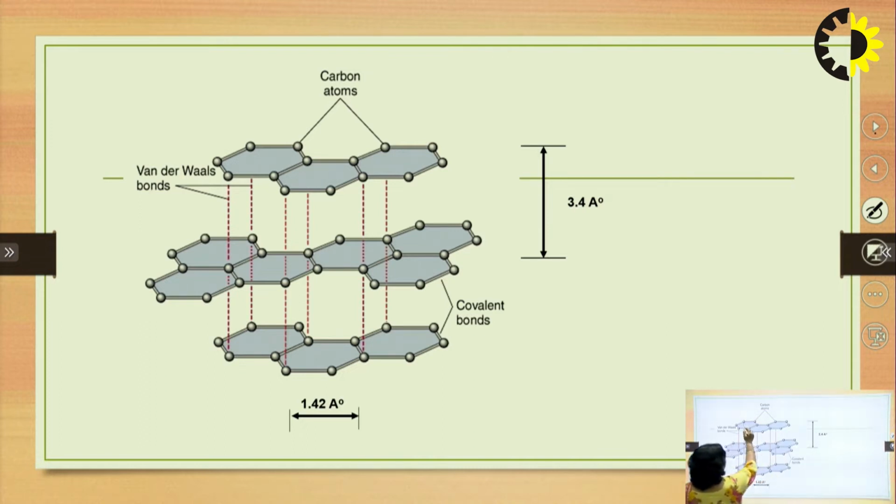It has cyclohexane rings, and these sheets are held together with the upper sheet at a distance of 3.4 Angstrom by van der Waals forces, which are very weak forces, and the distance between two covalent bonds is 1.42 Angstrom.